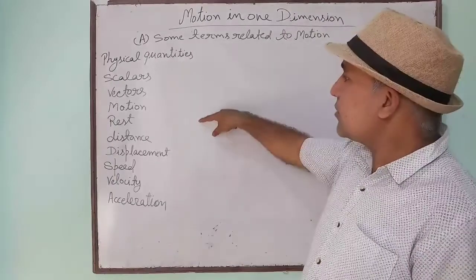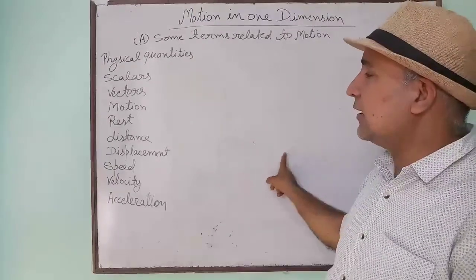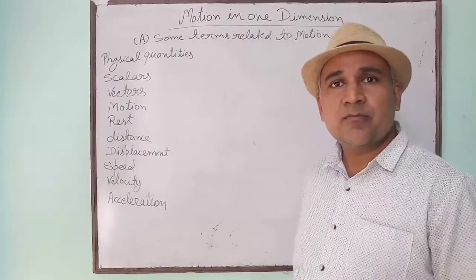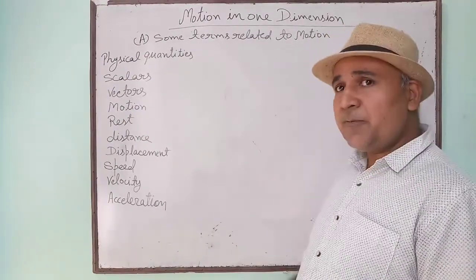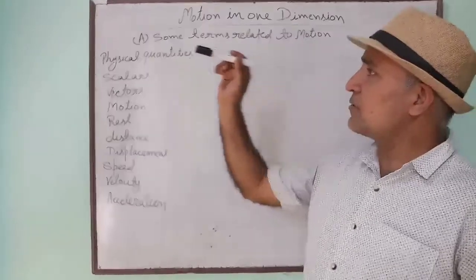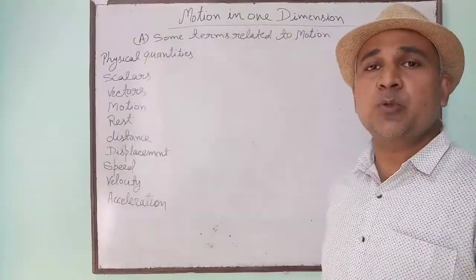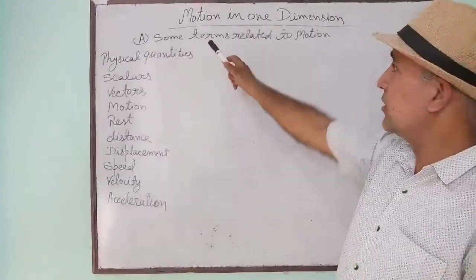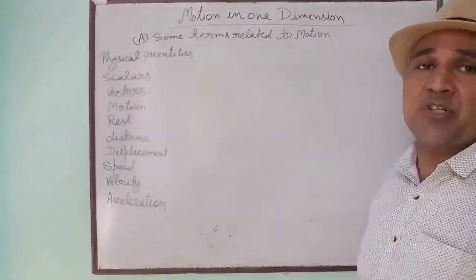But if the object moves on a curved path, then that motion is called motion in two dimensions. If the object moves in space, then that motion is called motion in three dimensions. But we have to study only motion in one dimension.